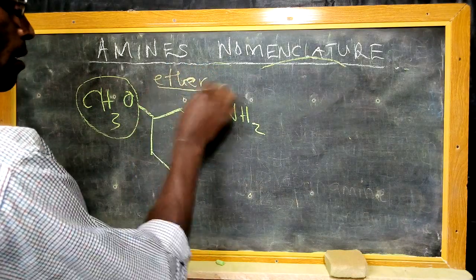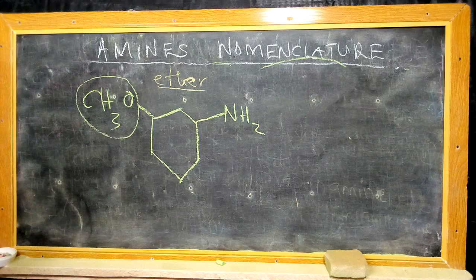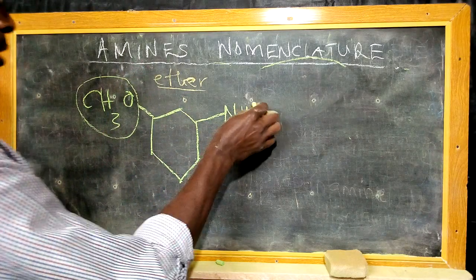We haven't discussed them, but I'm going to put a link to the video on that class of organic compounds in the description box, so that we can remind ourselves about the nomenclature of ethers.